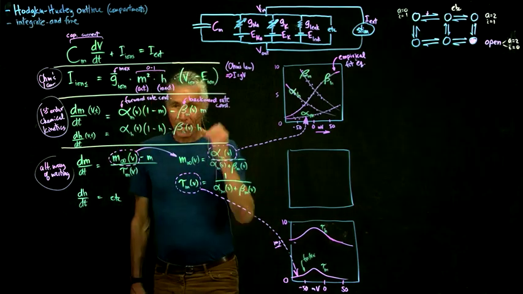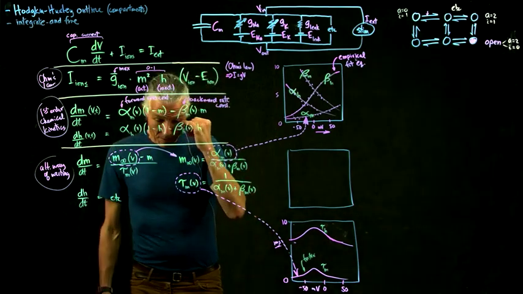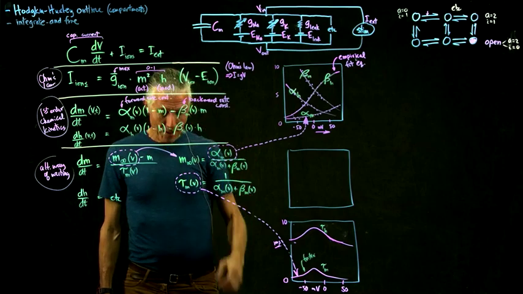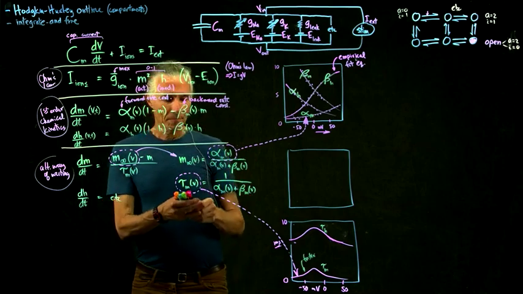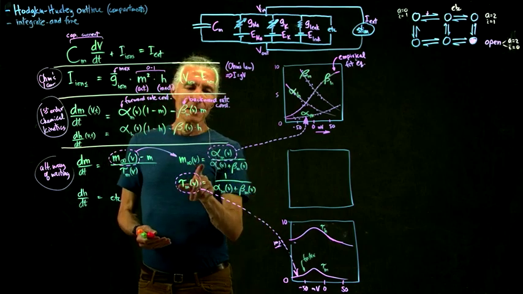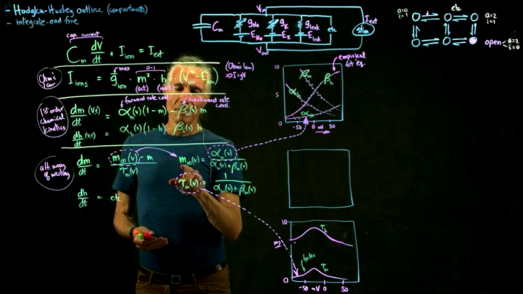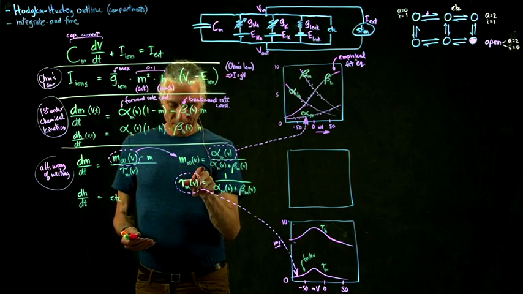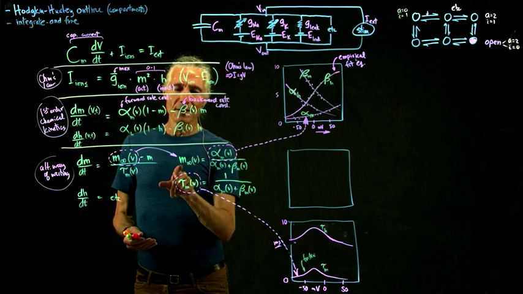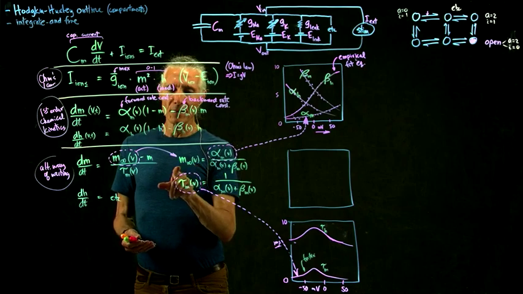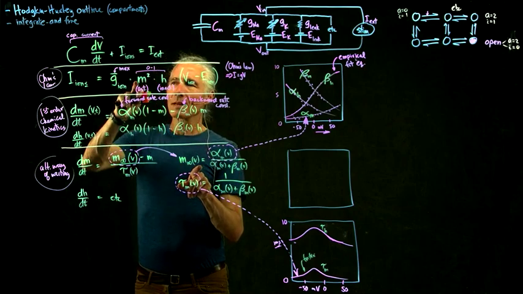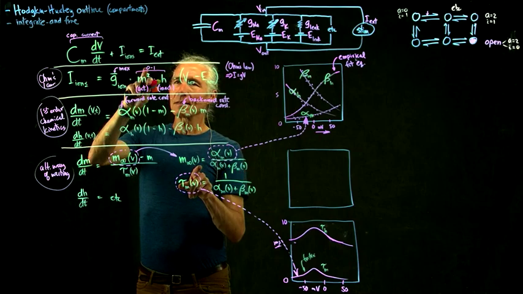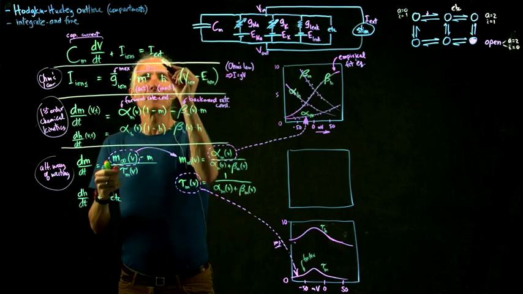Once we've got that, we can look at what this variable ranges between. This variable ranges between 0 and 1, because these are gating variables.